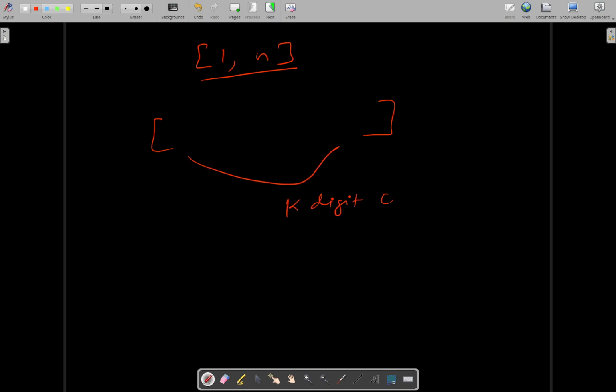So what the problem statement is saying is, you will be given a range 1 to n, and you have to make a k-digit combination.